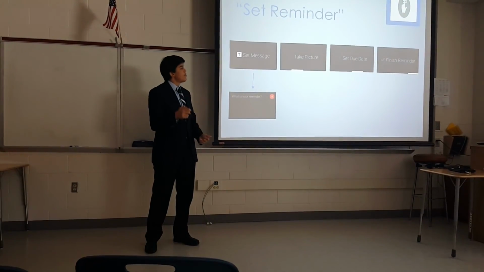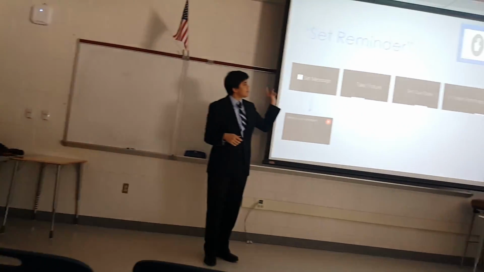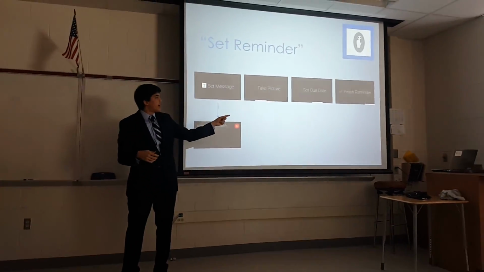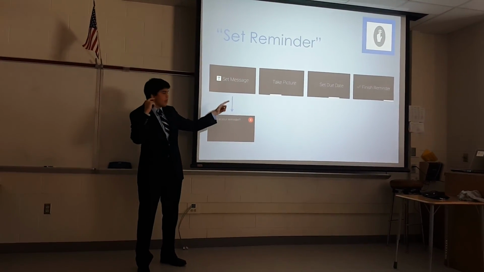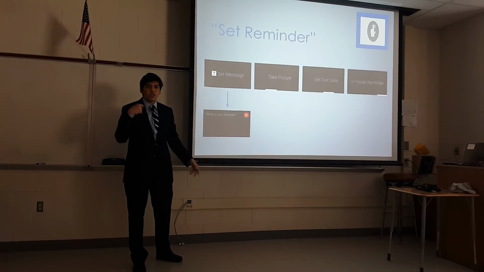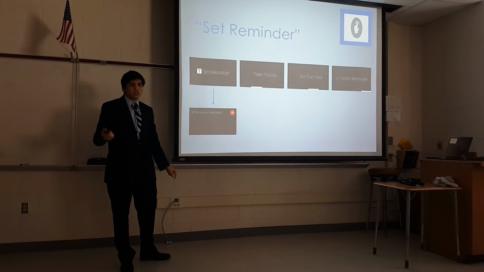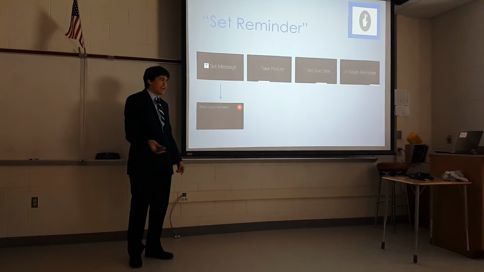So when you press on the set reminder card, you'll see these four displays that you can scroll through. The set message one, if you press on that, it would take you to a Google Voice display where you could say, remind me to pick up some delicious apples from Giant.